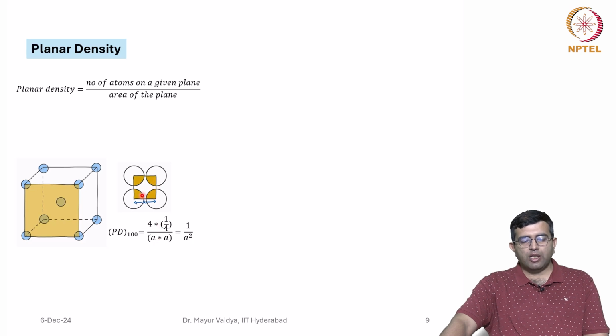So, basically there are 4 atoms into 1 by 4. So, the effective number of atoms is 4 into 1 by 4 divided by the area of the plane, which is A square. So, the planar density becomes 1 by A square.